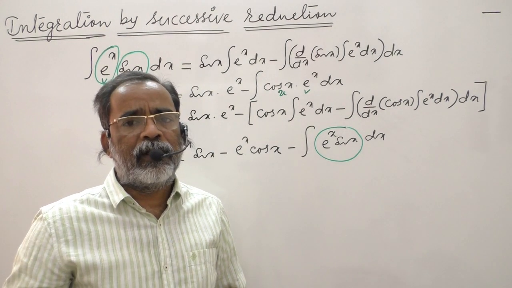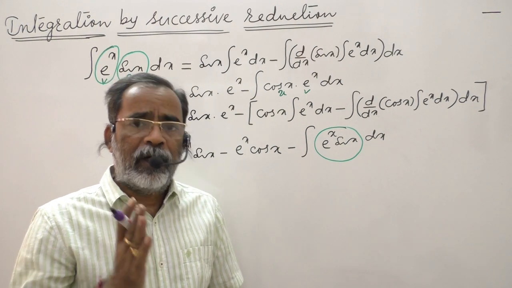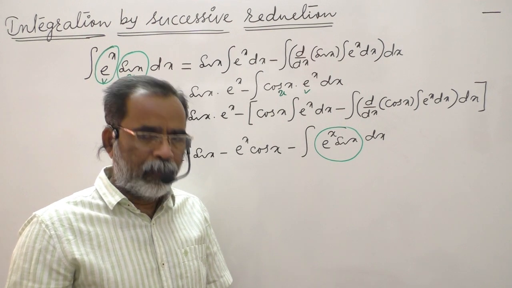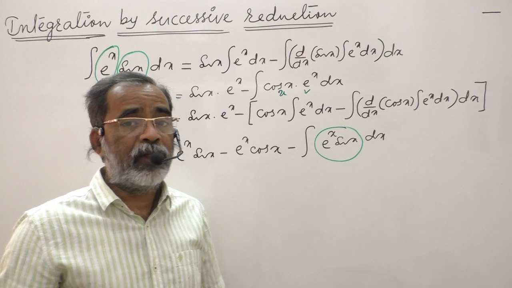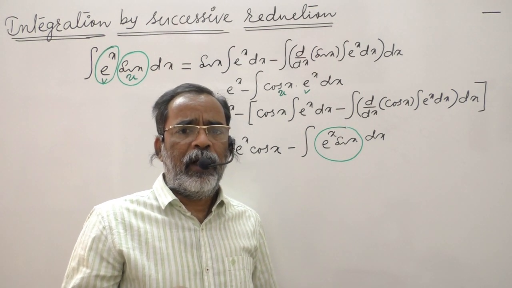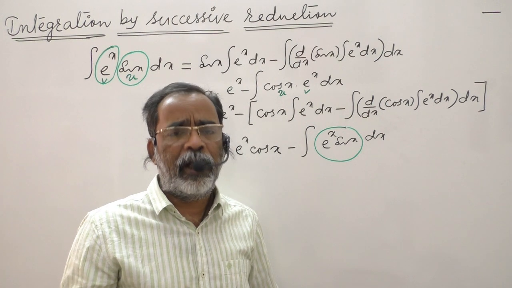For such functions whose integration does not end, we will use reduction. In integration by parts, in the last video we saw two particular formulae, the integral of e power ax into sine of bx plus c. That was also the same.